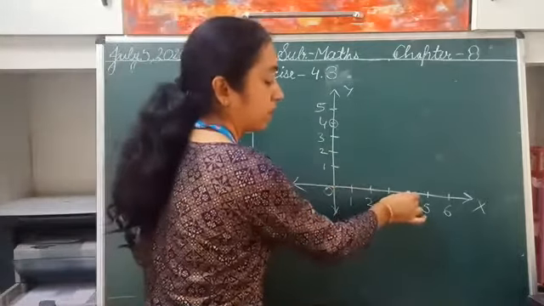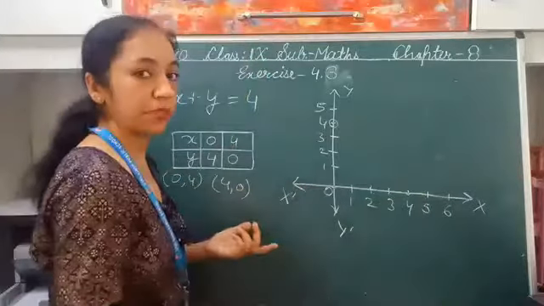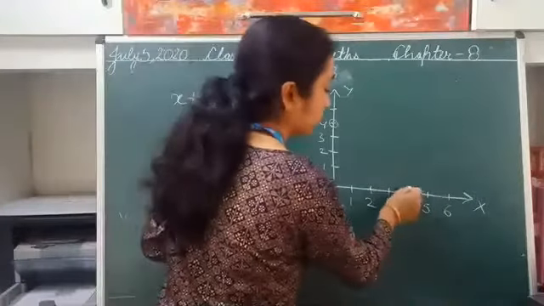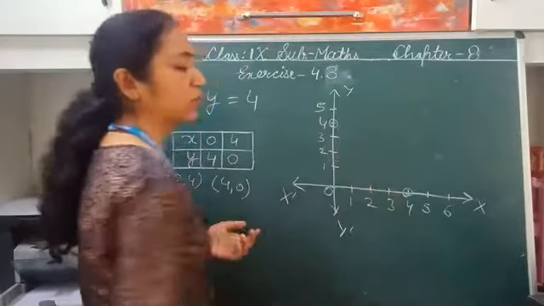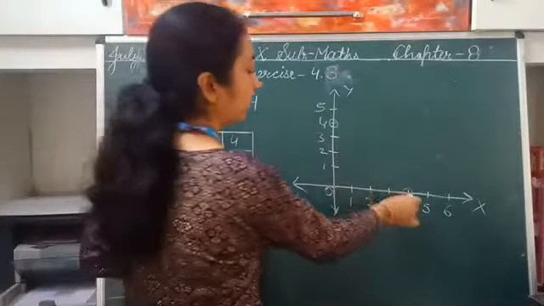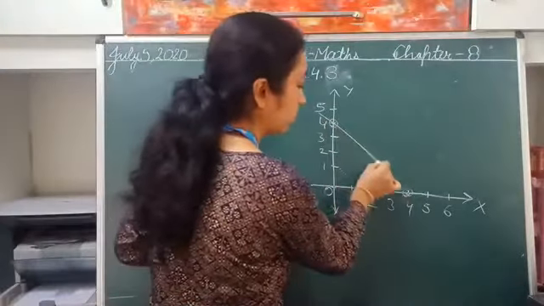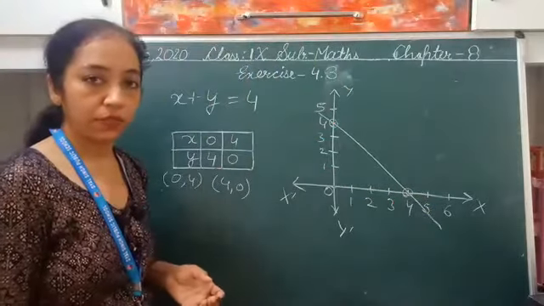Horizontally यहाँ पहुंच गए, फिर आपने इससे ऊपर नीचे चलना होता है इतने steps, but 0 step का means you do not have to move, so this will be your point (4, 0), right? Now we have 2 points and 2 points are sufficient to draw the line, right? So what you will do? You will join these 2 points and you are getting the graph of your equation, right?